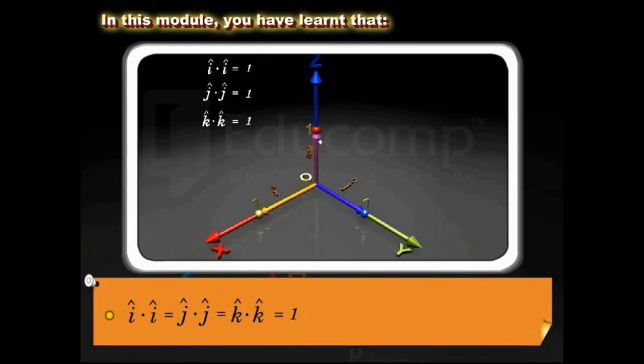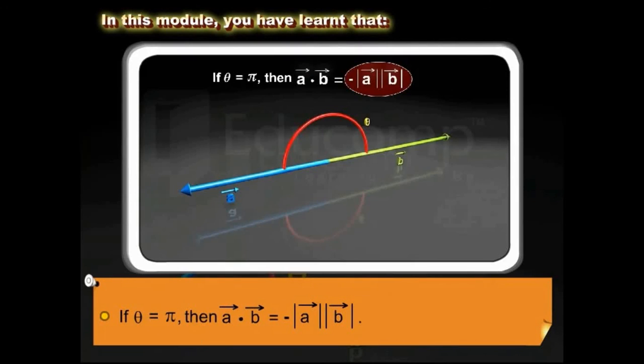Dot product of unit vector i cap with itself, j cap with itself and k cap with itself is equal to 1. Dot product of unit vectors, that is, i cap dot j cap, j cap dot k cap and k cap dot i cap is equal to 0. Dot product of two vectors is negative of the product of their magnitudes when the angle between the two vectors is equal to pi.